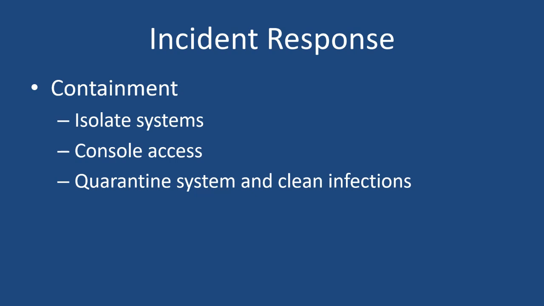The containment starts with first isolating the systems which are affected, gaining access to their consoles, isolating them, quarantining the systems, and making sure that the infection is not spreading to the other systems.